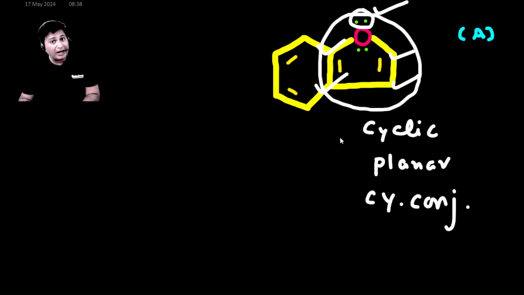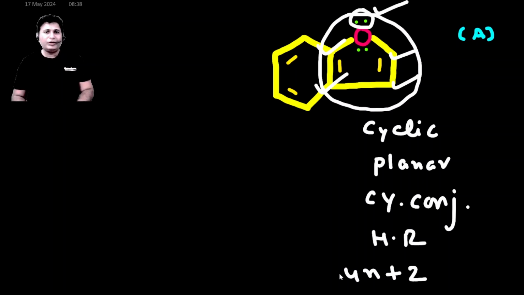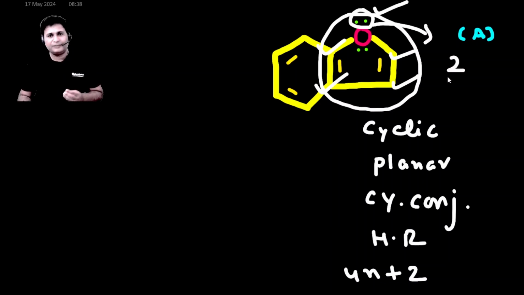And the last thing is Huckel's rule, whether it follows the Huckel's rule or not, that is 4n plus 2 pi electrons. So you can simply count the number of electrons in the cyclic conjugation. From the lone pair you are going to get 2 electrons.